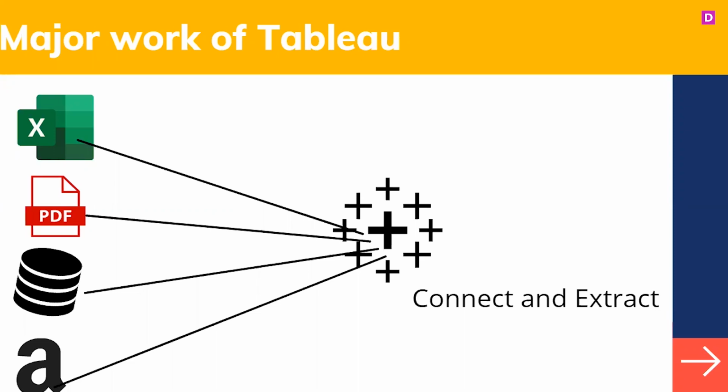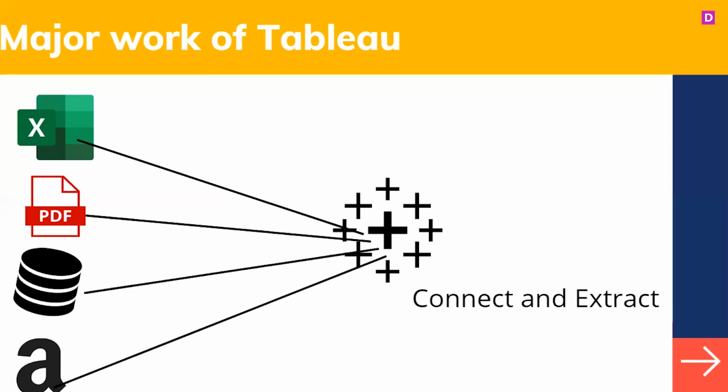We do not know. And also you have your Amazon Web Services. So in all these places, there is a possibility that data is residing. Now if you want to perform a visualization for an organization, the major work is in fact to get all the data from multiple data sources into one place, and then you perform the visualization. That's what is expected from Tableau.